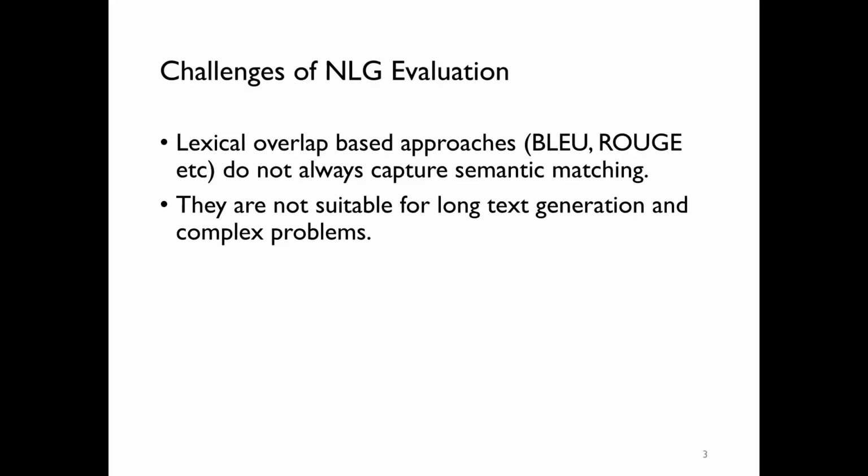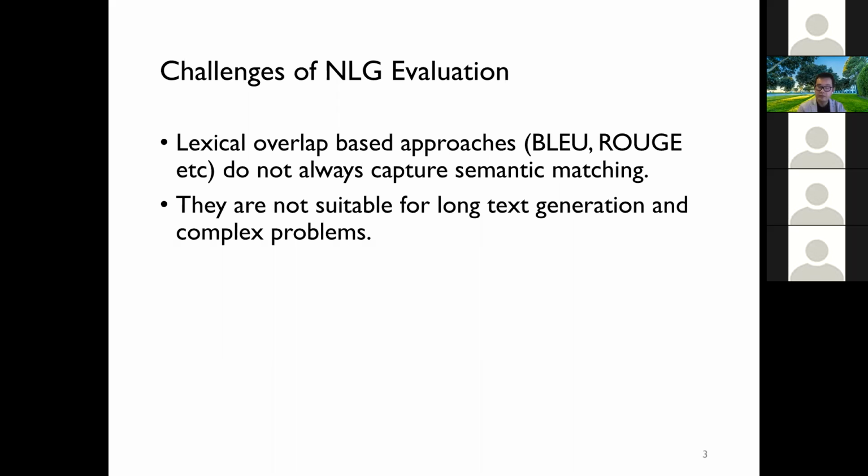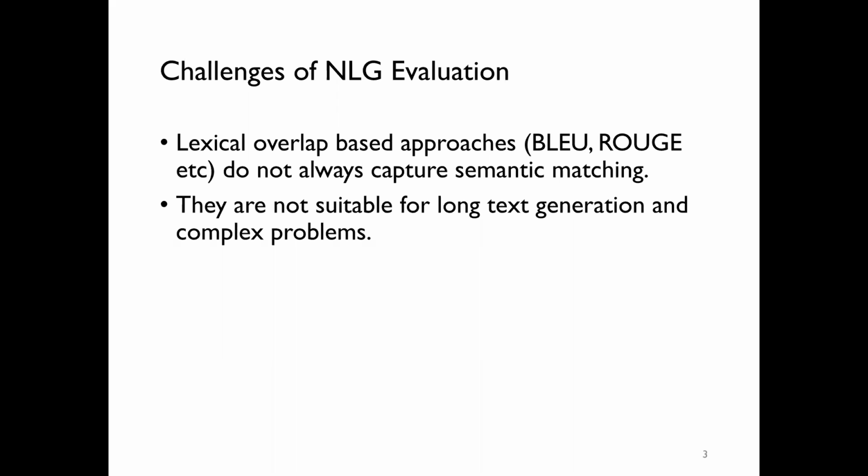The other thing people recognized in the past few years is that it often fails for long text generation problems when the text of the reference and the generated content grows. This becomes a much bigger problem, because you can rearrange the lexical items in the content. You can pretty much rearrange the reference and rearrange the generated content and get very different semantic meanings, but still get the same BLEU score or ROUGE score.